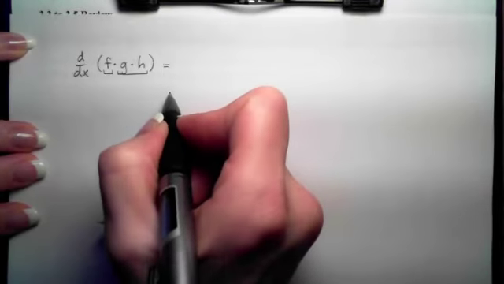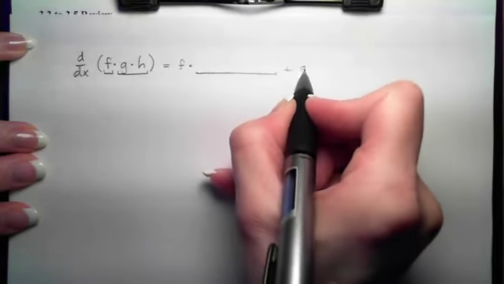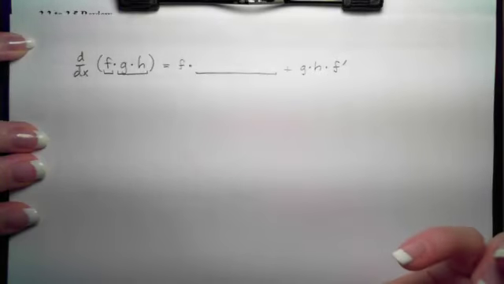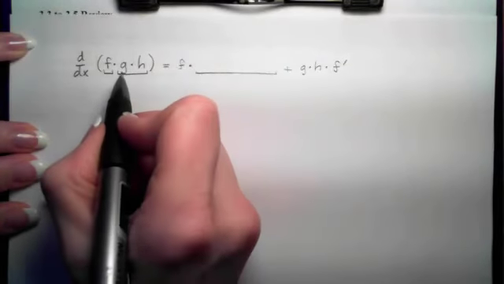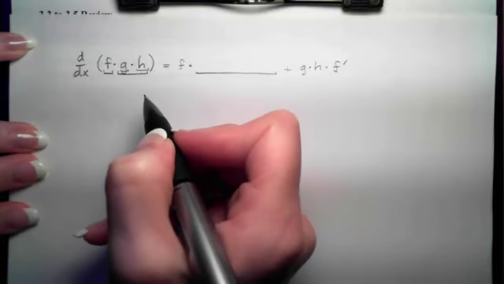So the derivative, according to the product rule, would be the first one times the derivative of the second plus the second one times the derivative of the first, which is f prime. So now let's look at the derivative of the second. The derivative of this g times h will require another product rule.